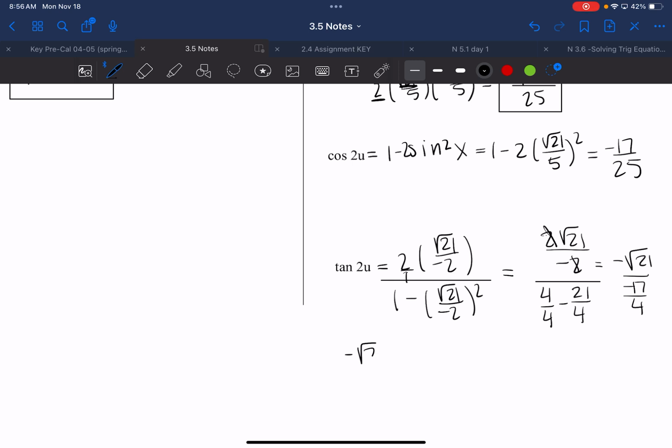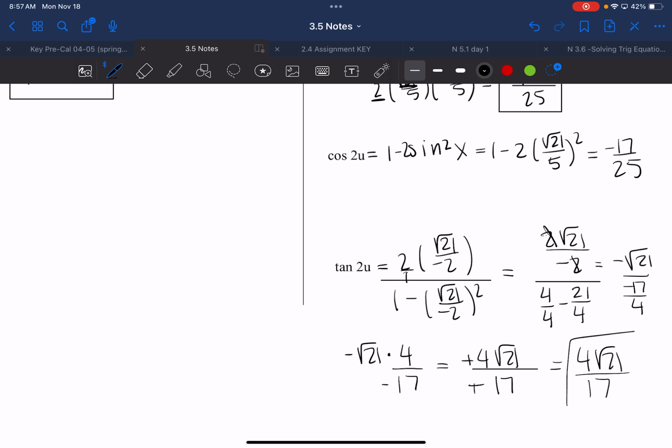So I'm going to keep my negative root 21, change to multiplication, and then I'm going to flip my fraction over. So negative root 21 times 4 would just be negative 4 root 21, right? Over negative 17. So that won't necessarily simplify, but two negatives do make a positive. So we're left with 4 root 21 over 17. All right.